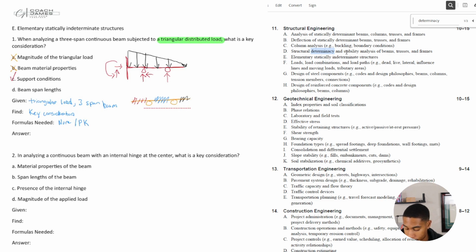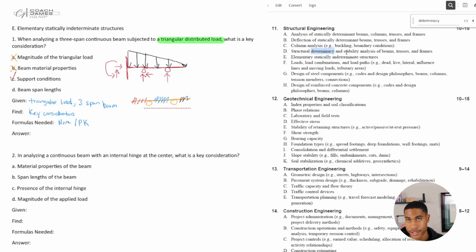It's going to be one of the most key considerations, because if you don't know what your supports are, then whether you have a small amount of weight or a really big amount of weight, it's not going to matter, because you don't know how you're going to be able to support it. So once you determine what type of supports you're going to use, then you'll know your loading matters.